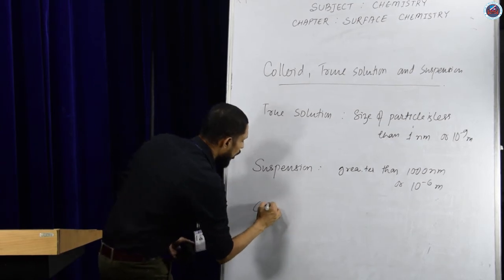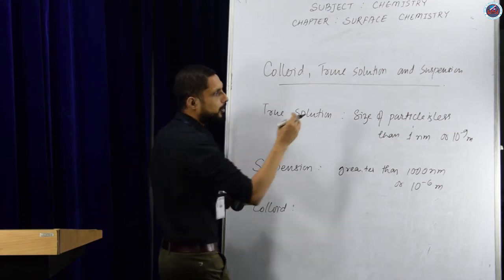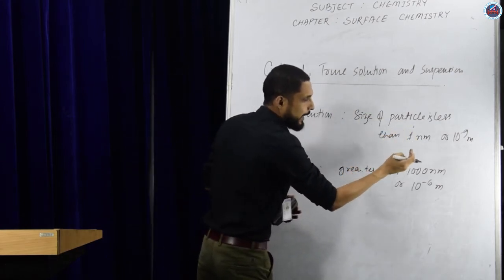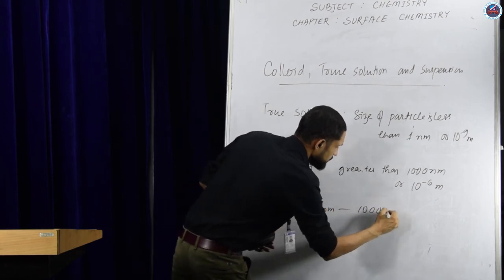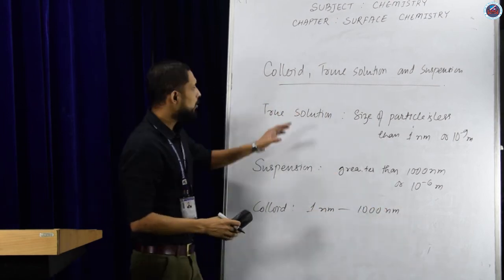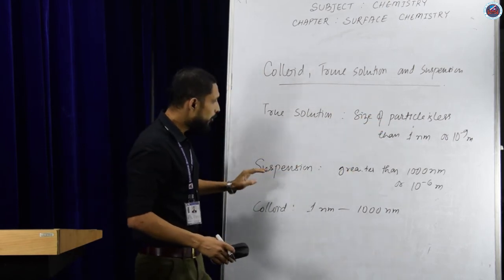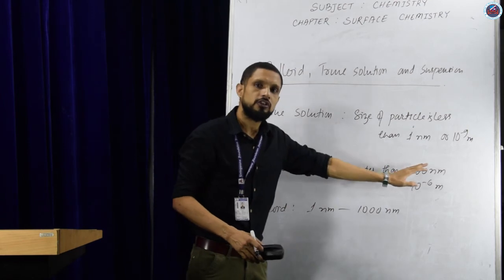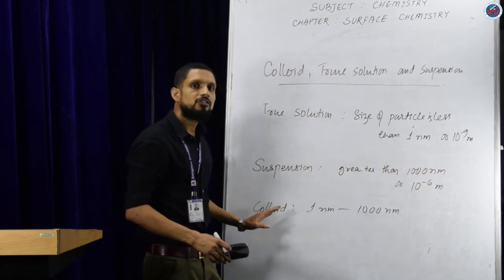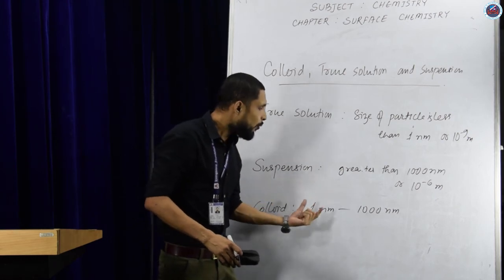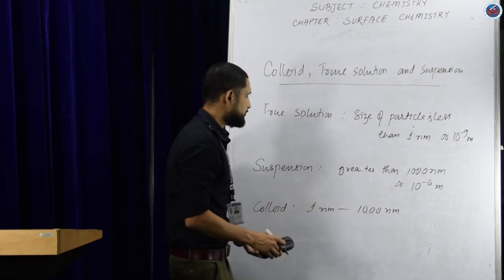In case of colloid, the size of the particle ranges between 1 nanometer and 1000 nanometer. So true solution, size of the particle is less than 1 nanometer. Suspension is greater than 1000 nanometer. Whereas in the case of colloid, the size of the particle is between 1 nanometer and 1000 nanometer.